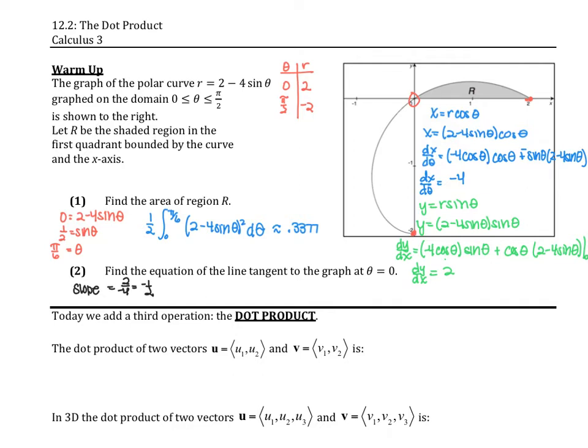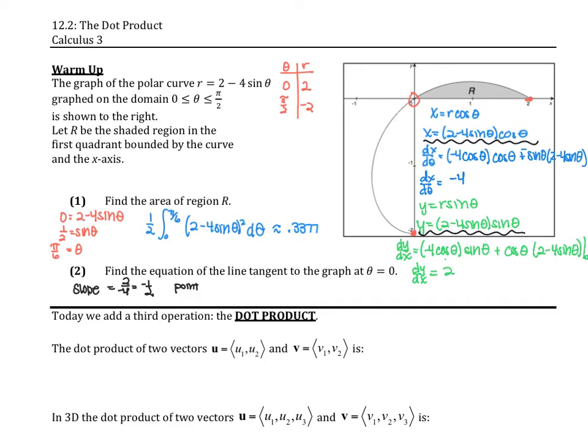Now, I need the point. To find my point, I'm going to use the x equals and the y equals that I started with, and substitute in theta equals 0.